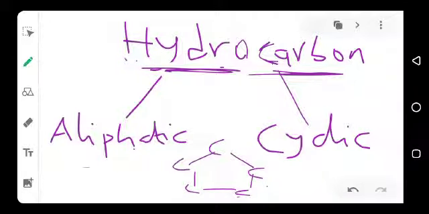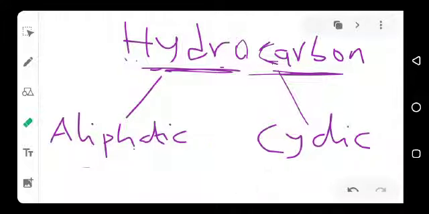So this one has a closed structure, so it is a cyclic hydrocarbon. No matter the number of carbons or how the shape looks, once everything comes together to form a ring or closed structure, it is called a cyclic hydrocarbon. But if the chain is straight or just branched, it is called an aliphatic hydrocarbon.